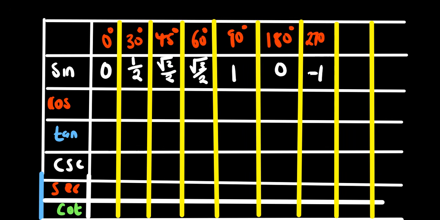Now we come to cos. Cos 0 is 1. Tan 0 in this case is a 0. Now cosec is the opposite of sine.